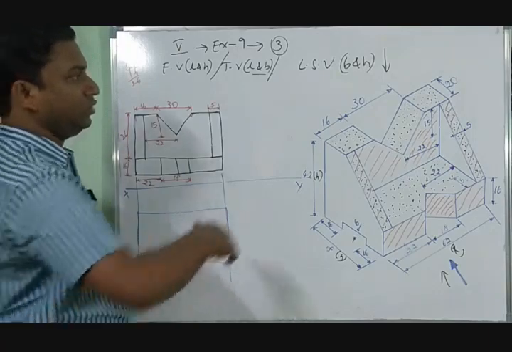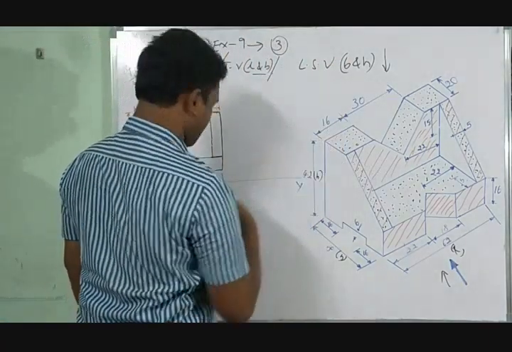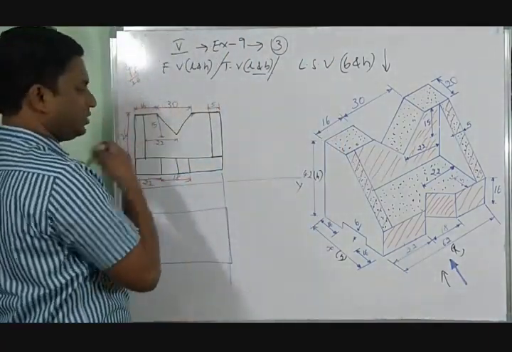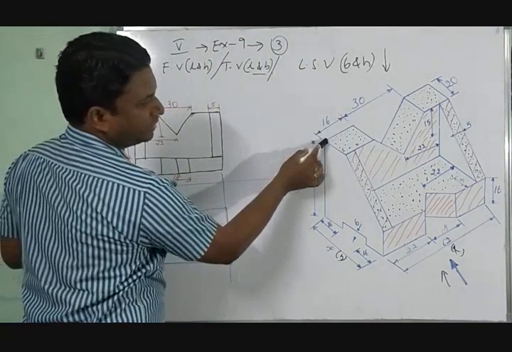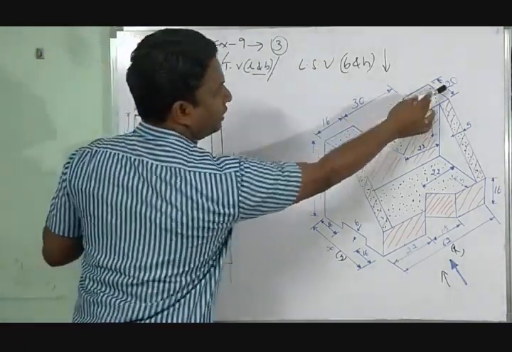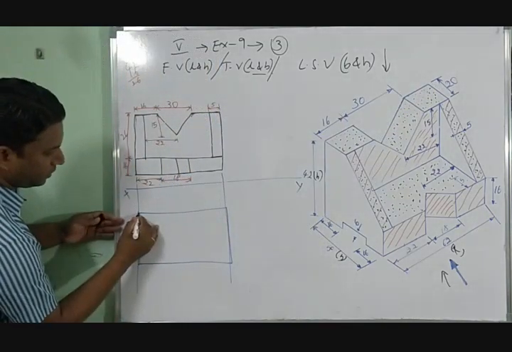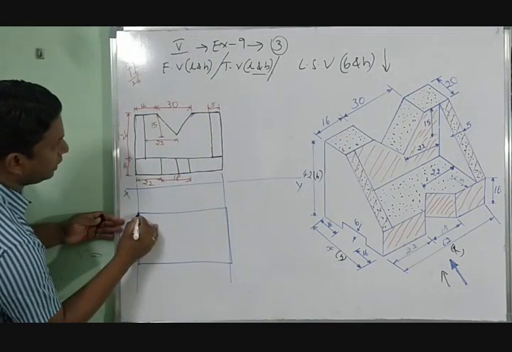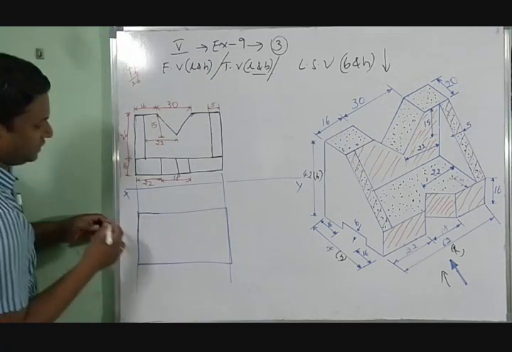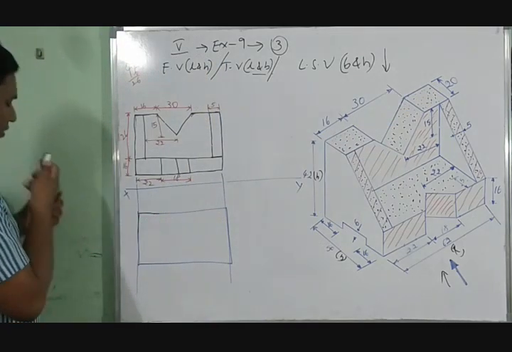Now here, so front top view. Here I am starting from this corner. From this corner, what I have to start? 16 by 20. See 20 here. 20 by 16. See from here, 20, 16. That 16 can be verified from this.